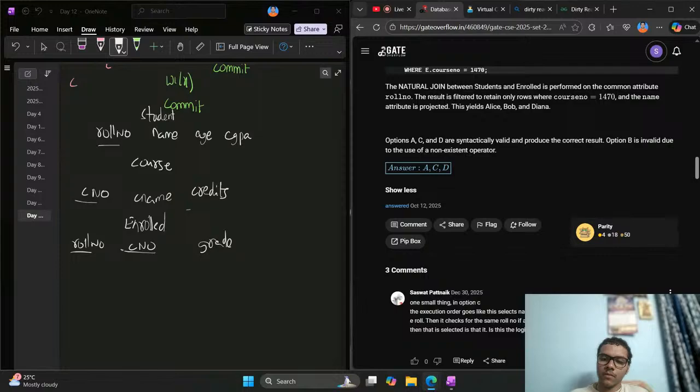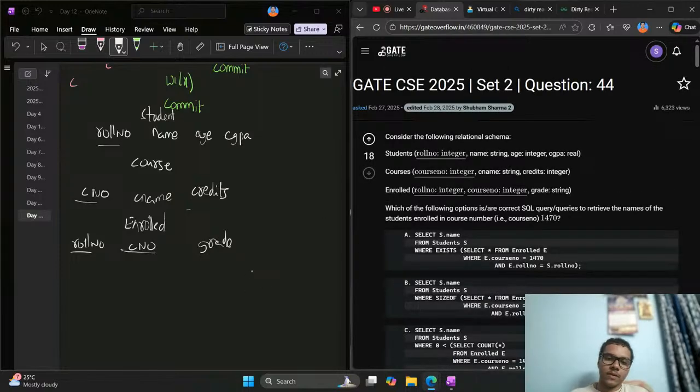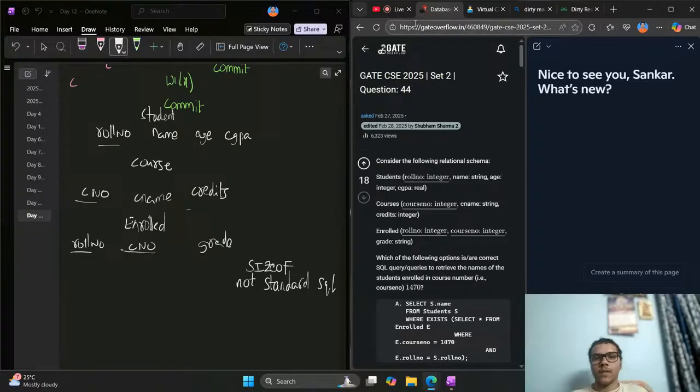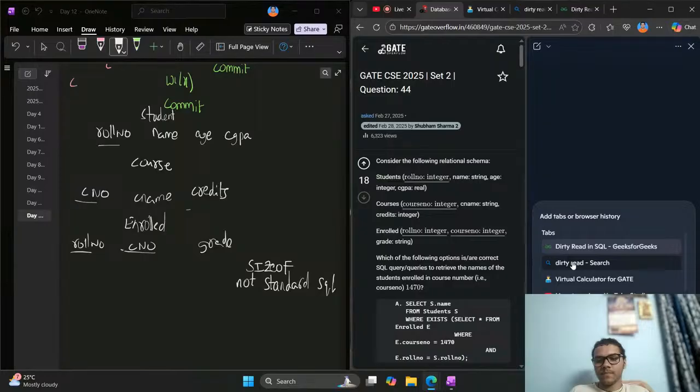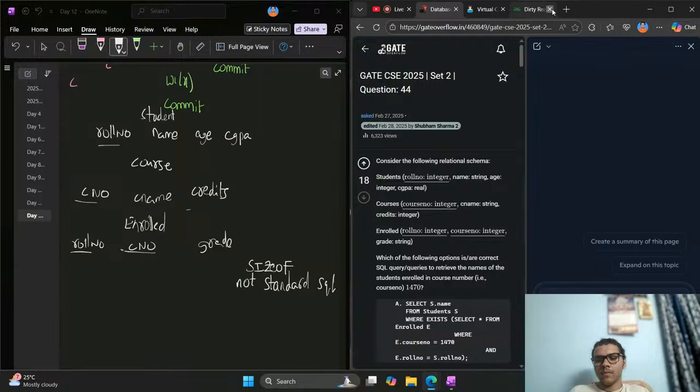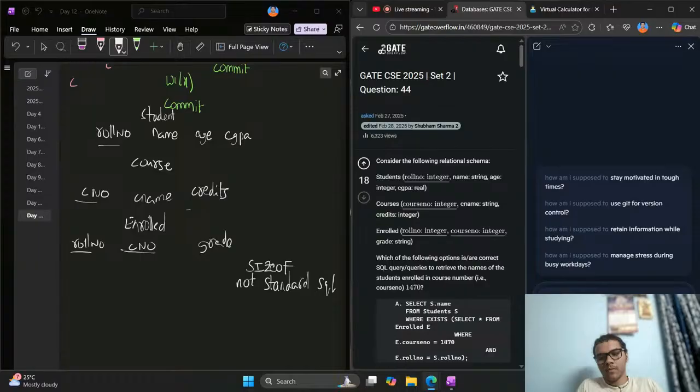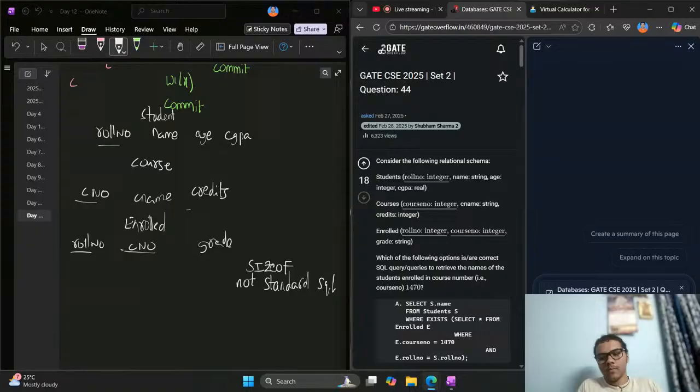So size of is not part of standard SQL. Okay, let's ask GPT. It should know better. How am I supposed to know size of is not part of standard?